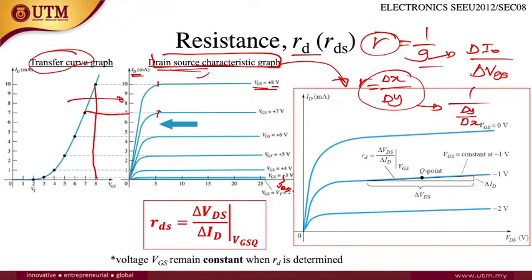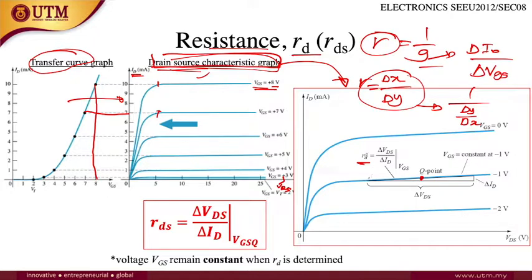So this resistor can be defined from the drain source characteristic graph. For any value that you want to define from this graph, usually we choose the Q point value. The Q point is here.